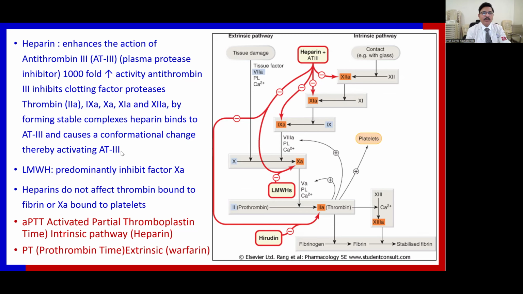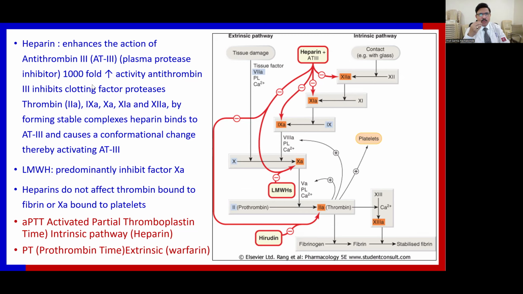Now, low molecular weight heparins do not do anything with the other factors other than 10. That is why you don't require to monitor the level of coagulation by doing an APTT or any other test with the low molecular weight heparin. Why? It only inhibits 10 to 10A, and that is why it stops clotting.